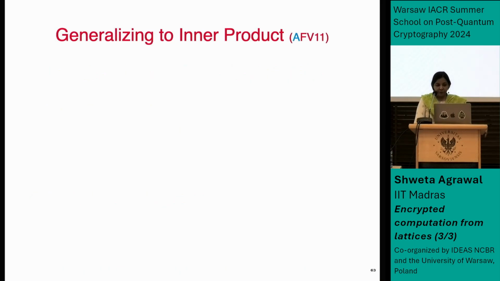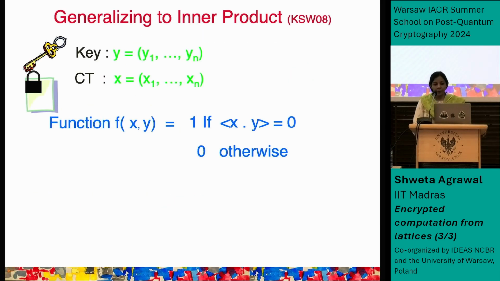Okay, so thanks for asking this again. What we're doing now is that the ciphertext again has some string x attached to it, and the key again has some string attached to it. Previously, we were decrypting if the two strings were exactly equal. Now we are saying we want to decrypt if the inner product of these two strings is 0.